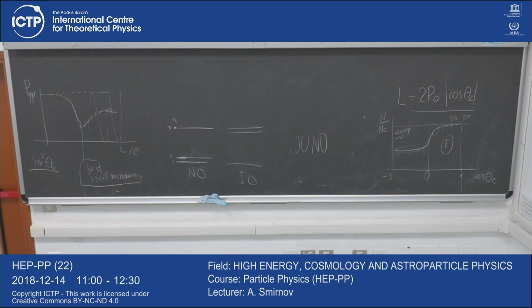Nowadays it's something like a 2 sigma preference for normal ordering. They can proceed a little bit more, and maybe it will reach say 3 sigma. But I think in the middle of the 20s, probably we will find out, unless, again, a signal from a supernova arrives and we will manage. It also depends on a few things.